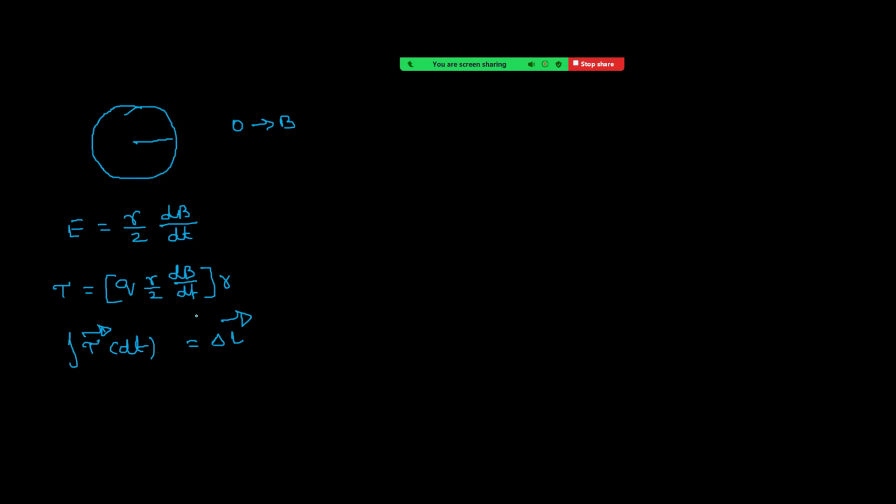Let me substitute this value in this one. Q r square by 2 taken outside, integration of dB by dt into dt, equal to I omega minus 0.